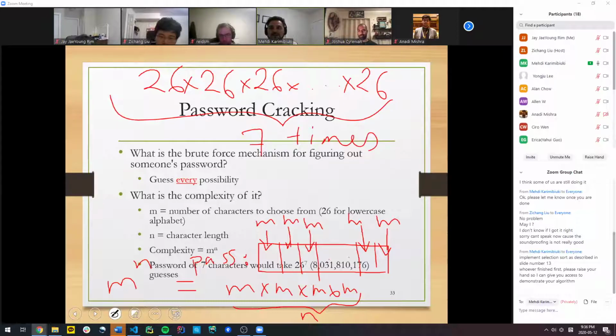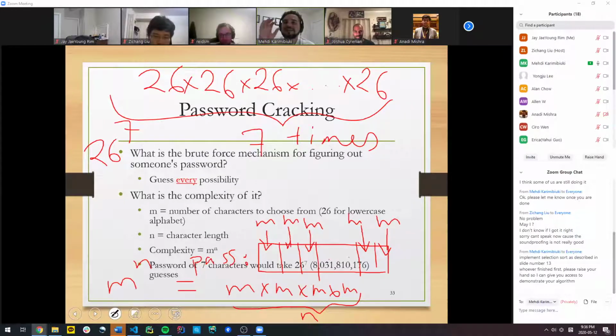So that's going to be 26 to the power of 7, right? So what is 26 to the power of 7? 8,031,810,176. So that's how many trials you have to make if you want to use the brute force approach.